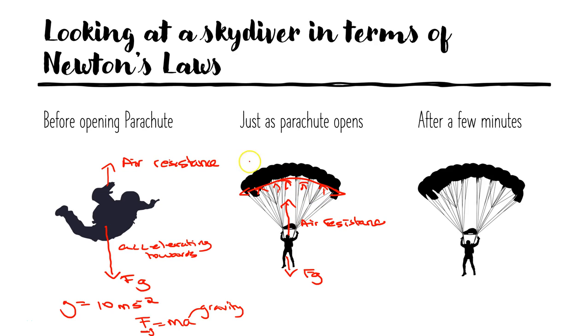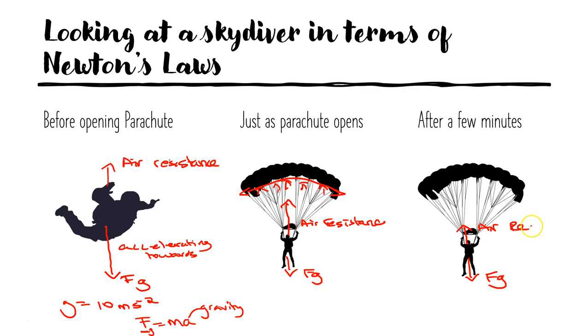As they fall, the events kick in and they'll accelerate up for a little bit, and then force due to gravity and air resistance will equal out, and they will start to fall towards the Earth with a constant speed.